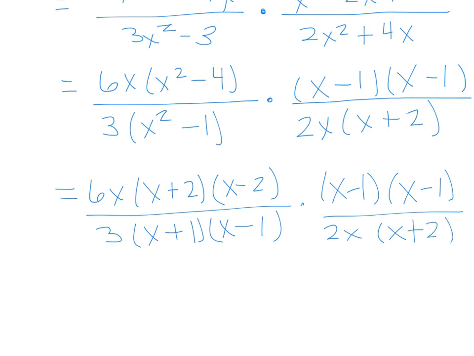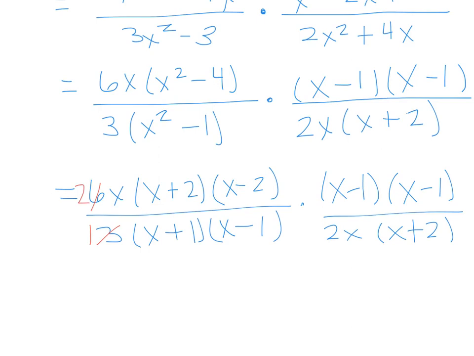Now we get to go through and cancel. And remember, we can cancel across that multiplication. So if we start off, we have a 6 and a 2 in the numerator and a 6 and a 3 in the denominator. So that 3 goes into that 3 once. It goes into the 6 2 times.